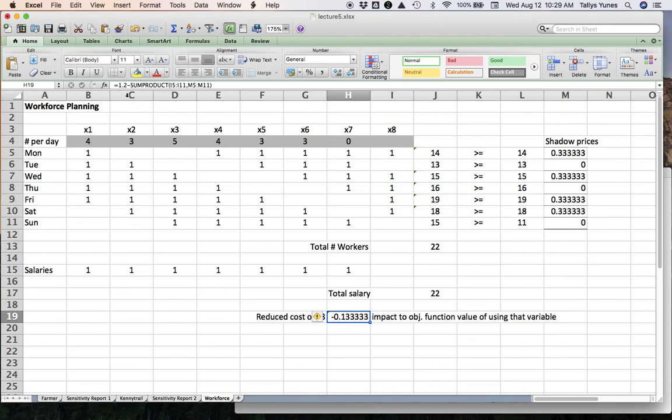And I used a salary of $1,200. If this person is asking me for $1,350, and if I do that calculation, now it's a positive. So that's not beneficial to me.